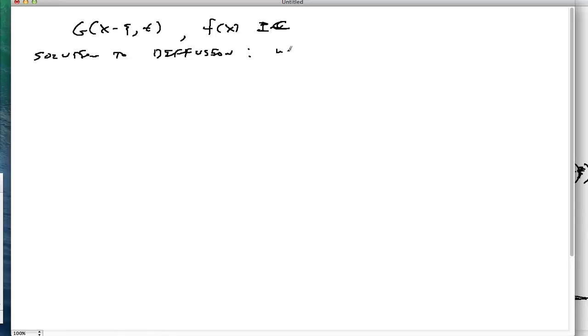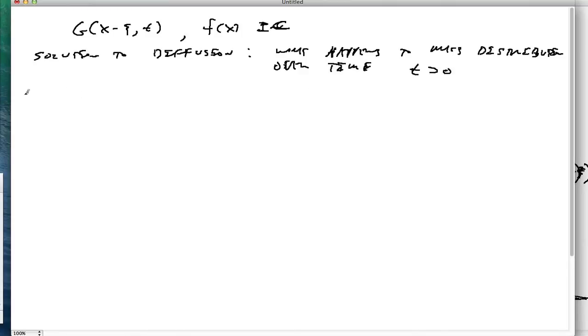And the question is, what happens to the mass distribution over time t greater than 0? We want to know what happens as time moves forward.